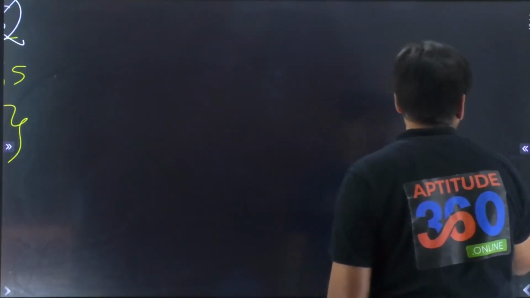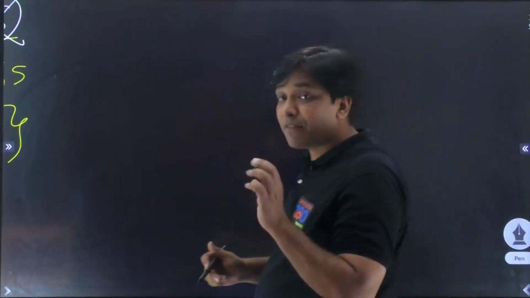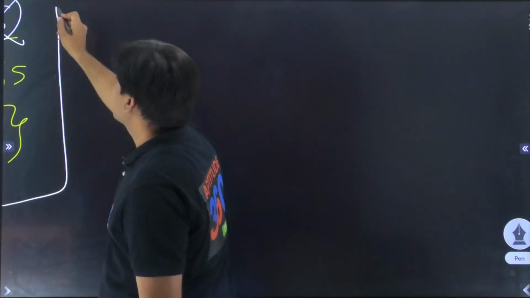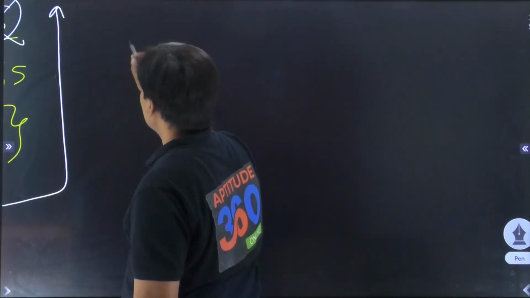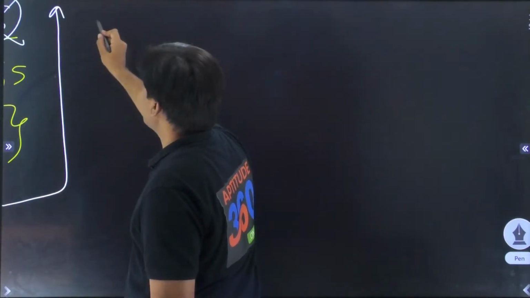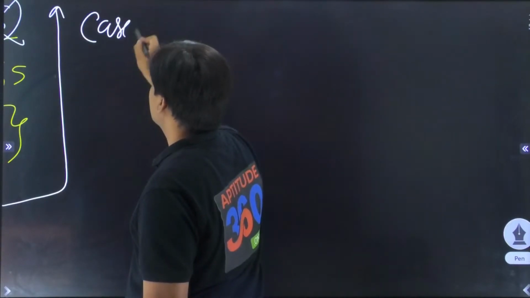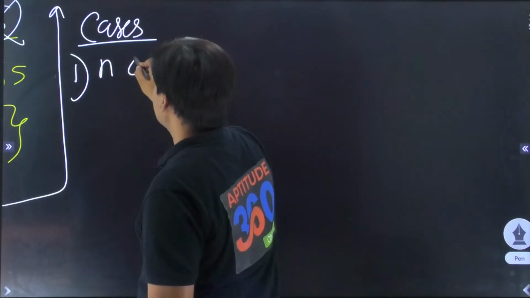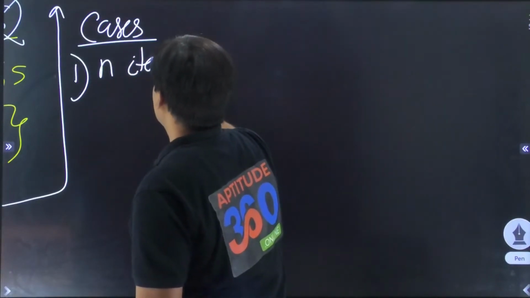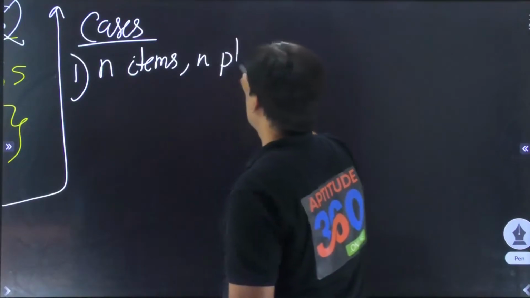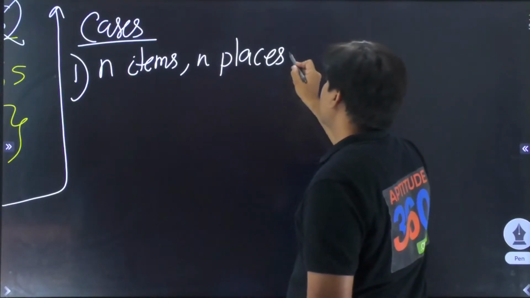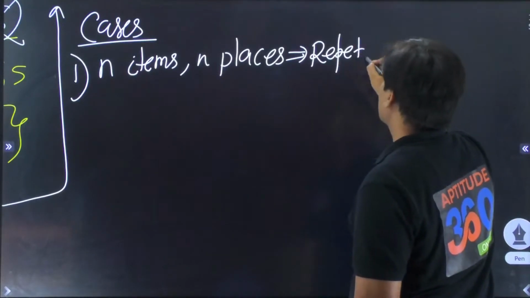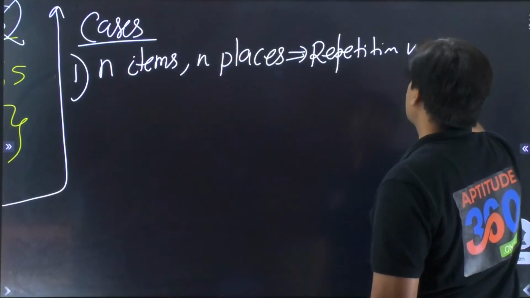I'm giving a very simple problem for you to ponder over. I say conditions, cases. Number 1, if I say that n items, n places, and I say that repetition is allowed.